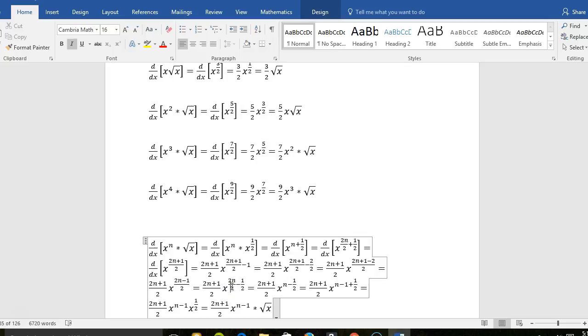This 2 right here and this 2 right here cancel each other, leaving you with just n. And then I turned negative half into negative 1 plus a half, and that let me do this law of exponents step right here. Okay, I know that was a little hard, but this is going to get a little harder.